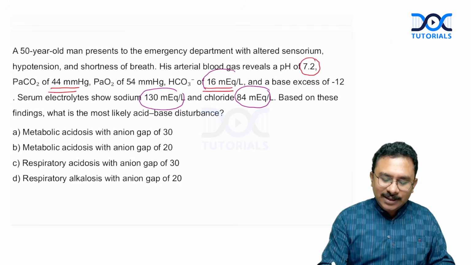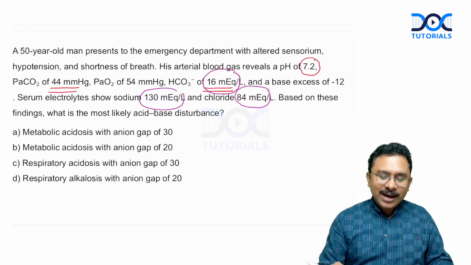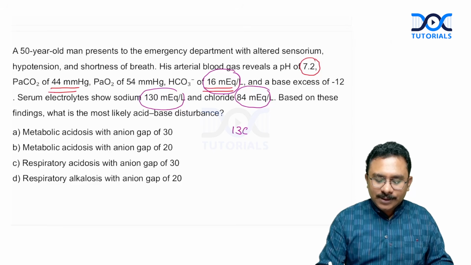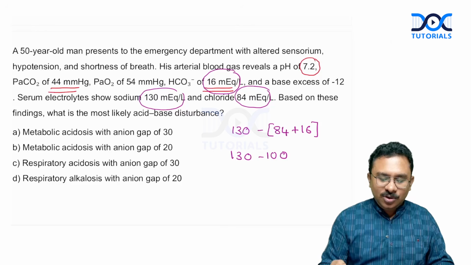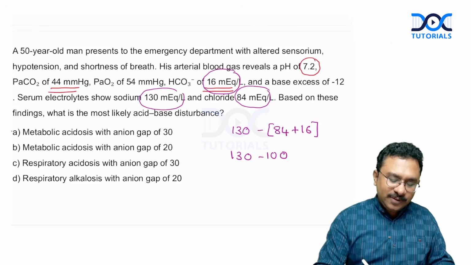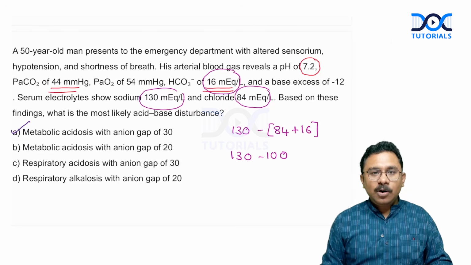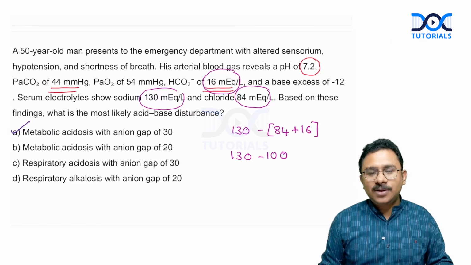The bicarbonate is 16. So the anion gap is sodium minus chloride plus bicarbonate, so 130 minus 100, which is going to be 30. So the answer for this question is going to be metabolic acidosis with an anion gap of 30, right?